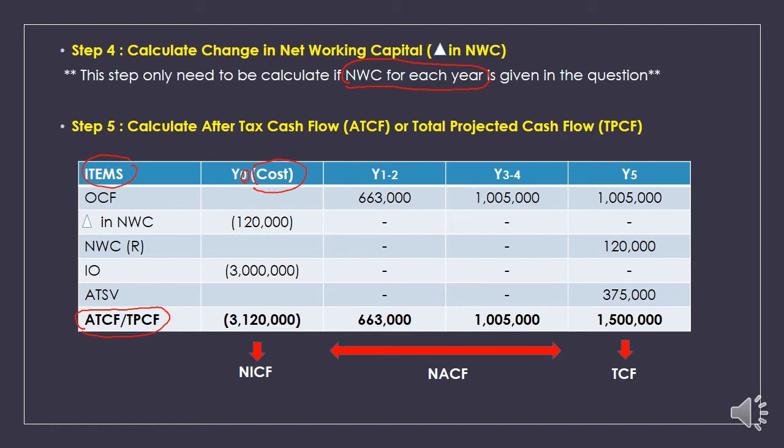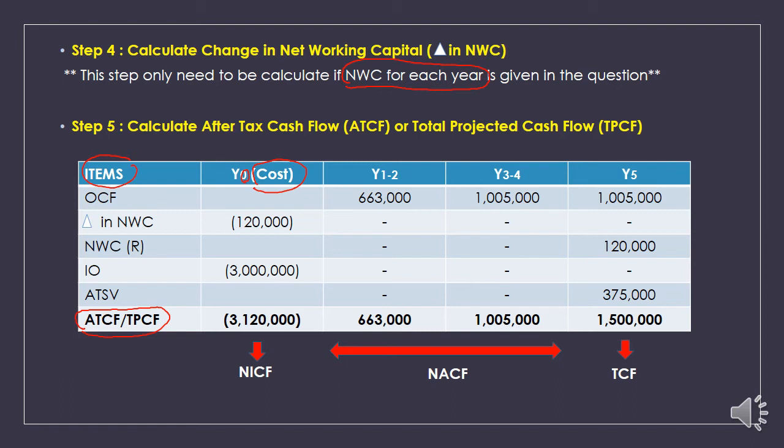Since the information is separated into year 1 until year 2, and then year 3 until year 5, when you are doing this table, you must separate the last year of the maturity period, which is year 5.